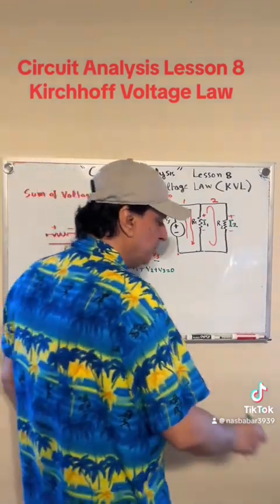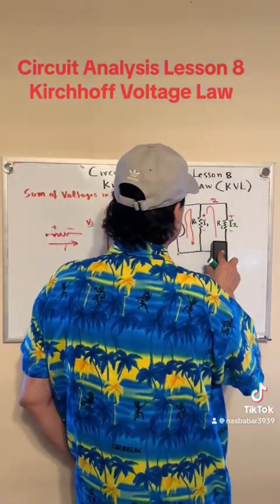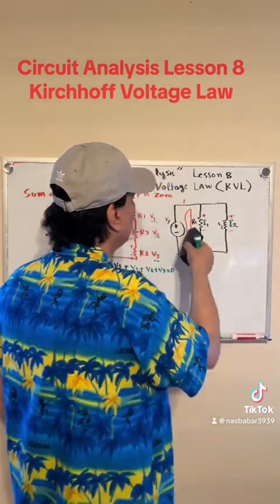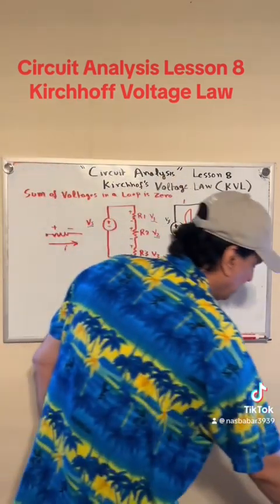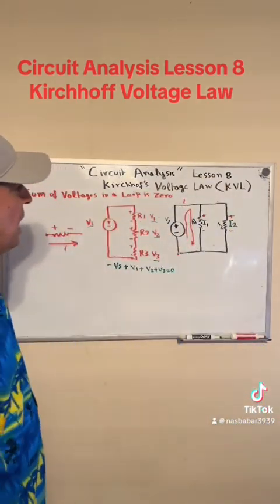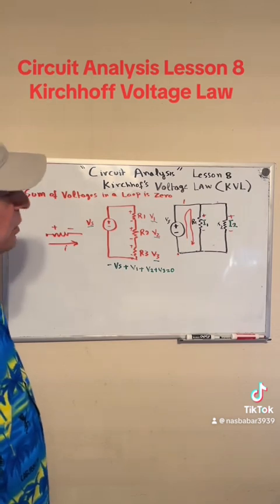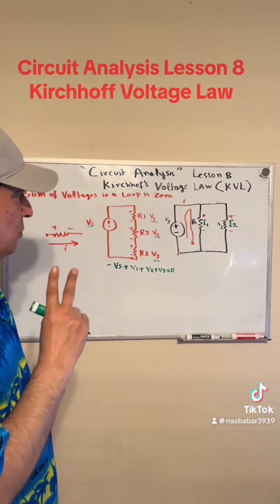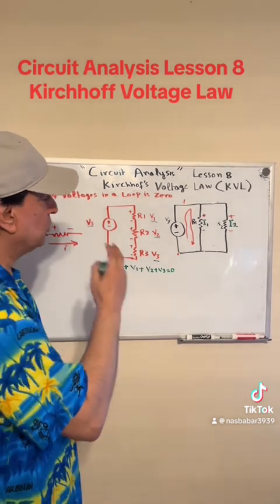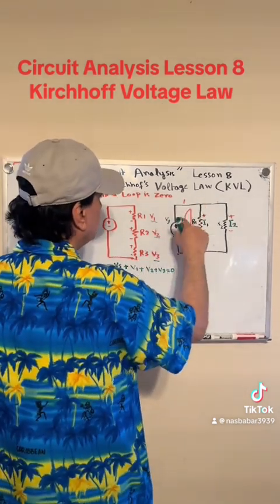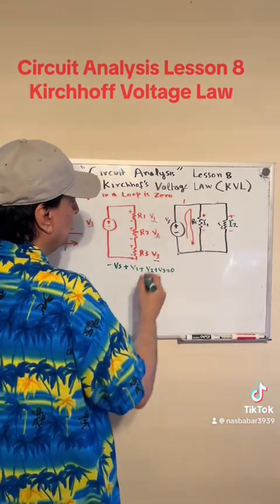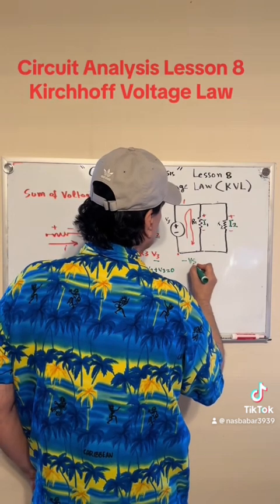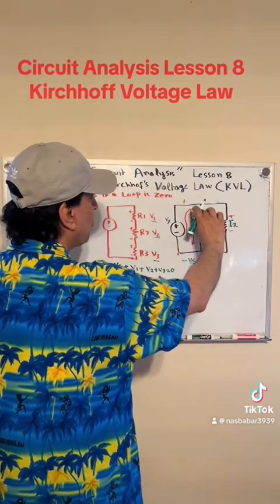So what if we have two loops? Let's say we have a circuit diagram like this. In this case, I can write down Kirchhoff's voltage law equations, but I'm going to have two. Let's look at the first loop. The one in red right here shows loop number 1. I start from here. So I say minus V sub S plus, what is the voltage drop over here?